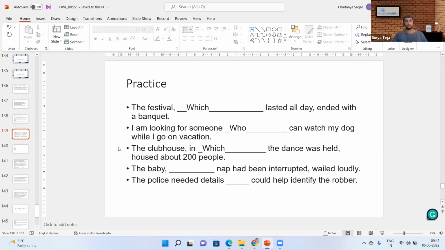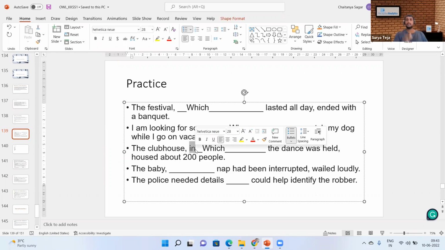Actually, in the previous slide we discussed that where could not be appropriate whenever we have a preposition. Actually you're right, Sina. Whenever we have the preposition in, whatever comes after the preposition would be which. If we remove the in, then which might not be the most appropriate usage here. The clubhouse where the dance was held housed 200 people.